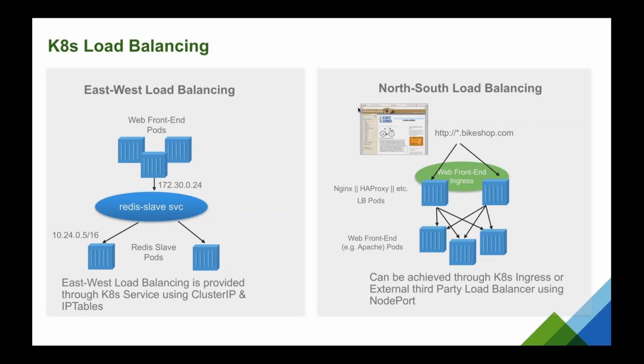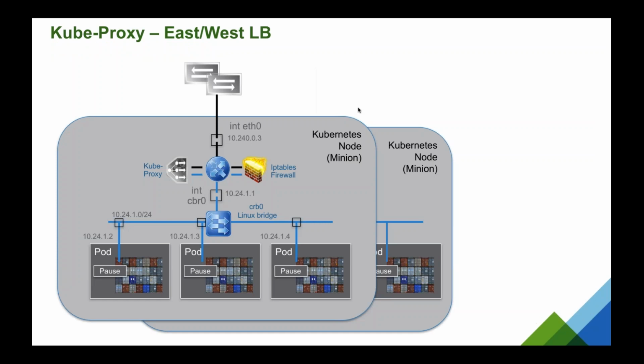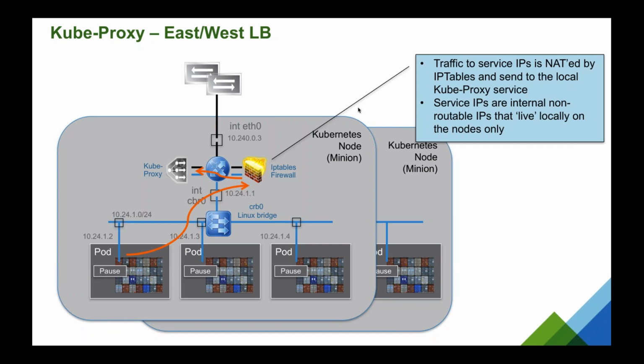And I'll speak about the Ingress controller in a little while, so I don't need to detail that now. So here's the promised diagram of what Kube-Proxy does for east-west load balancing. If my web pod wants to reach one of the Redis slave pods, it will send the traffic to the cluster IP address.